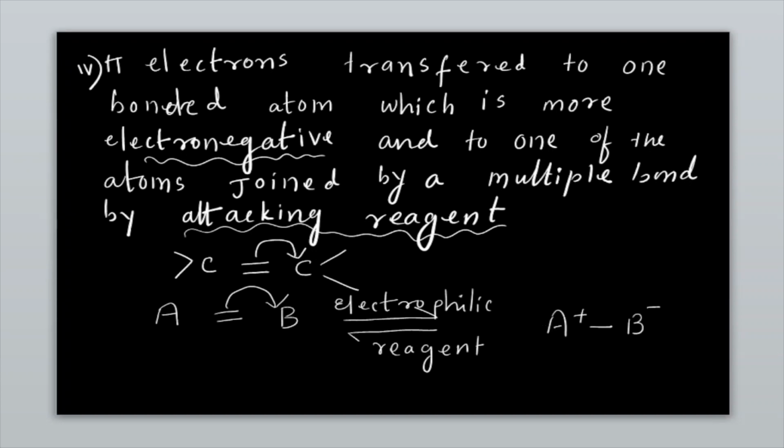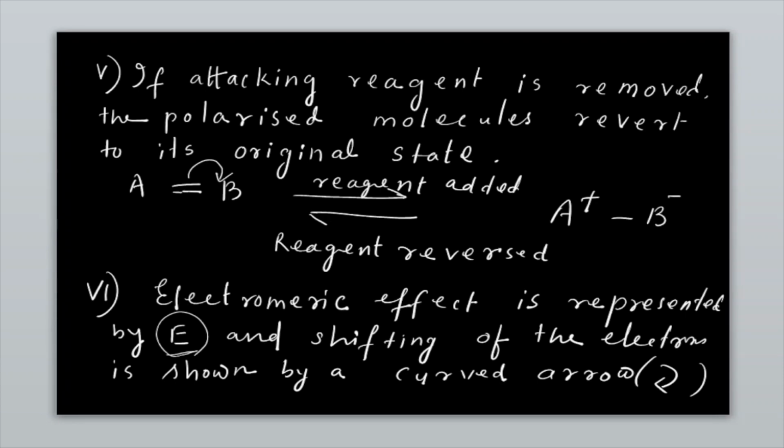When the attacking reagent is added, it gives A plus and B minus, because B is highly electronegative.